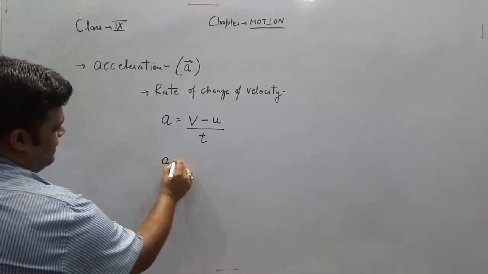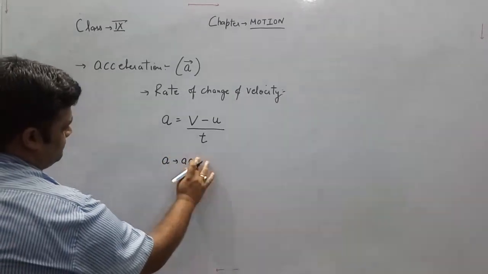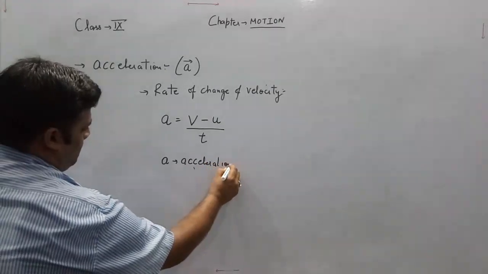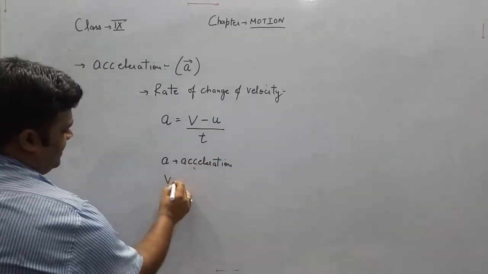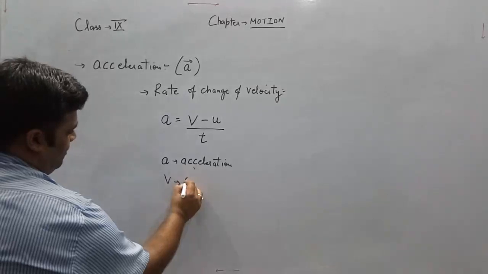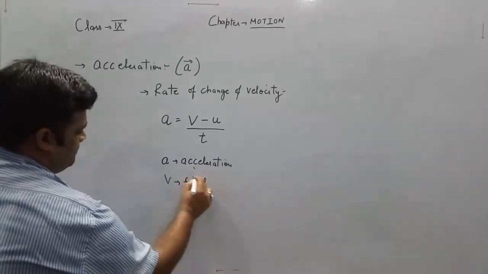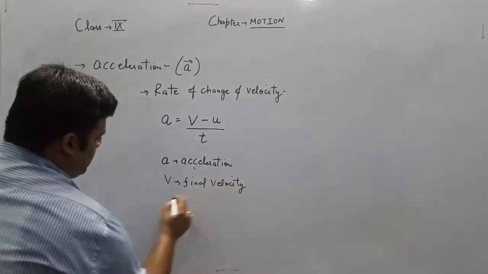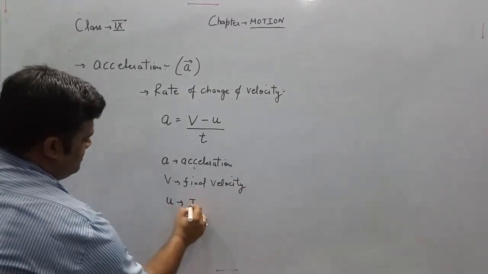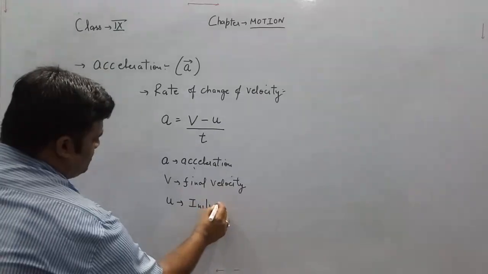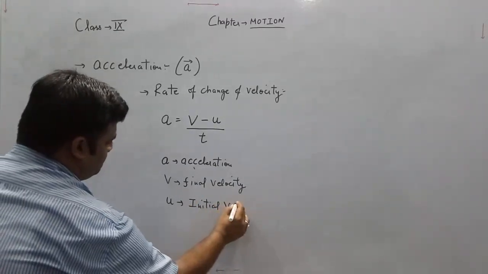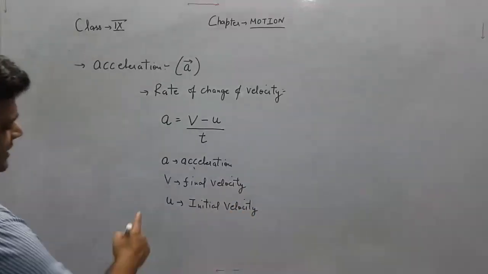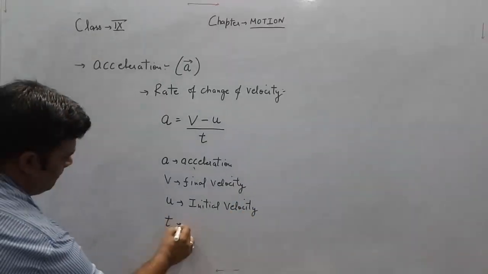Here a is acceleration, v is final velocity, u is initial velocity, and t is taken for time.